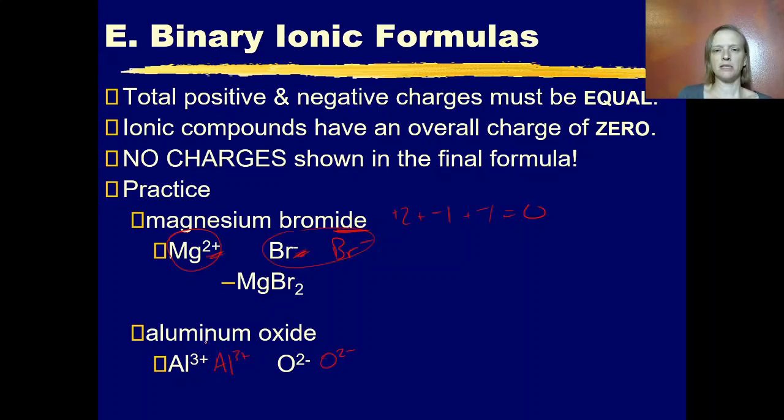Now I've got +6 and -4. So I need more negatives. If I give myself another oxygen, that's 2, 4, 6. I now have a total charge of +6 and -6, and so my positive charges and negative charges balance out. Notice I have 2 aluminums and 3 oxygens, so I write my formula Al2O3.